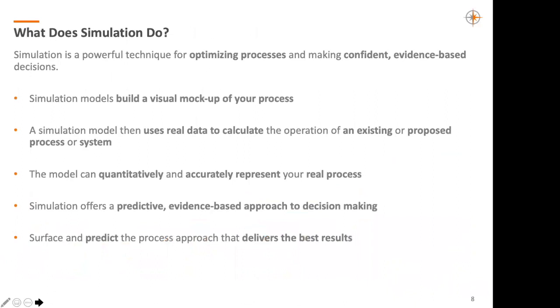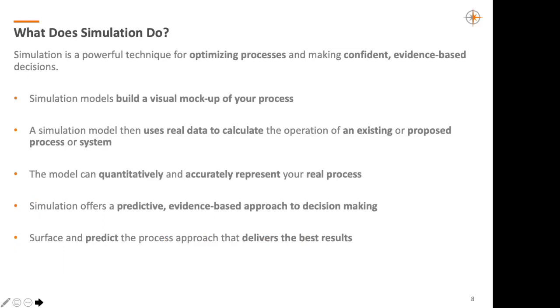It essentially is, think of it as Visio on steroids. It essentially is a visual graphic mock-up of your process. Looks like a process flow, and you'll see examples of it throughout the session that we do, but uses real data, cycle time data, arrival rate, logic around different routings, all of this different kind of data that you can incorporate into this mock-up to make it come alive, so to speak.